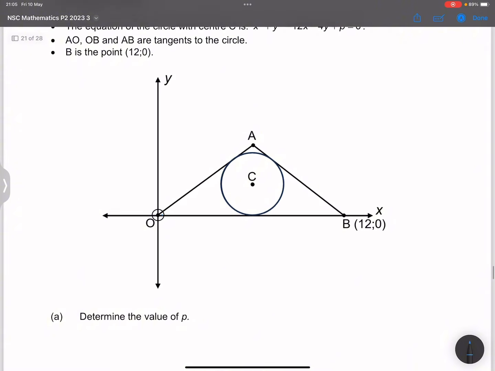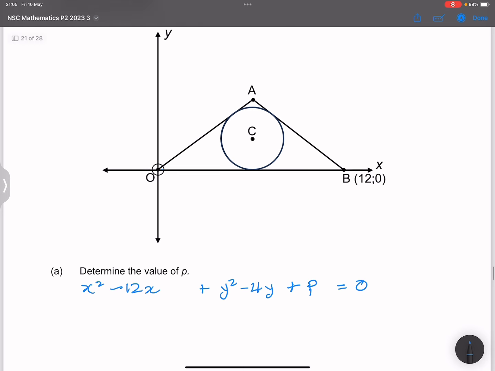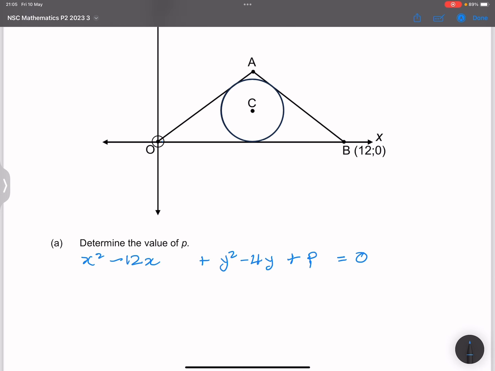So first of all, they had given us the equation of the circle. Let me just rewrite it: x squared minus 12x, I'm going to leave some space there, and y squared minus 4y plus p, and this is equal to 0. So let's first complete the square. Remember, how do we complete the square?